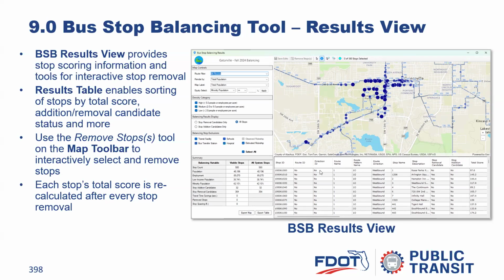So we run the scoring, and basically it creates this table that is also a geodatabase. And we're able to evaluate all of these stops based on variables within that we've created, socioeconomic variables, some service variables, the scoring. In this case, we're rendering this route or the map by total population. So what you can see here is in the route map controls route filter, we're rendering by total population.